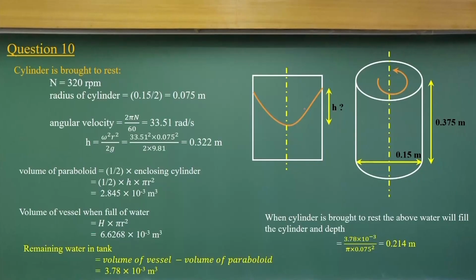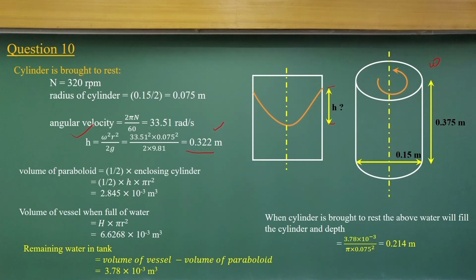As we discussed, if this cylindrical object rotates with angular velocity omega, you will have the free surface profile like this. The height h has a relation with the angular velocity and the radius, which we derived in the forced vortex case. That comes out to be 0.322 meters.